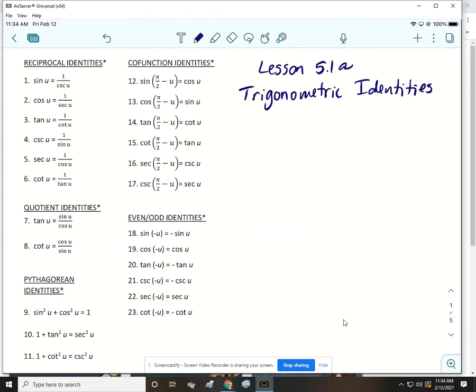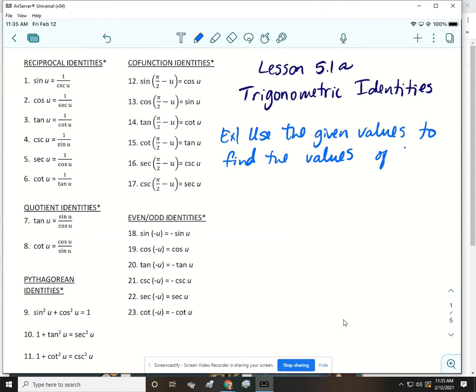All right, so for example 1, we're going to use the given values to find the values of all 6 trig functions.